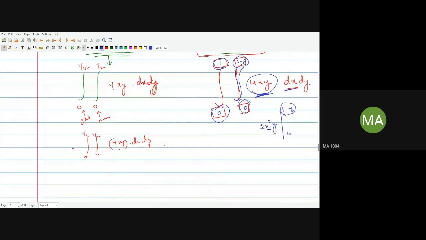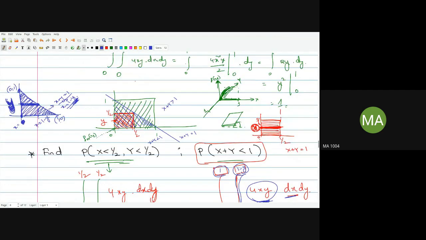And you can also do otherwise, meaning the opposite, dy dx. In this case, you want to find the limits of y, so you fix x. I will just explain that also. You fix x, you fix one x. Once you fix that x, you find the limits of y. So for this x, the limits of y are from 0 to this line.